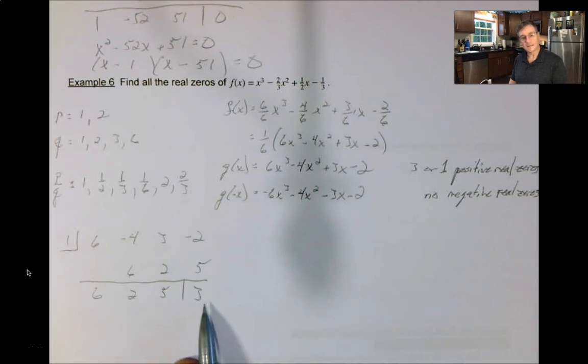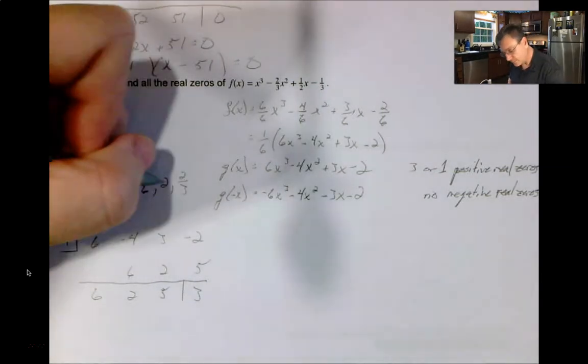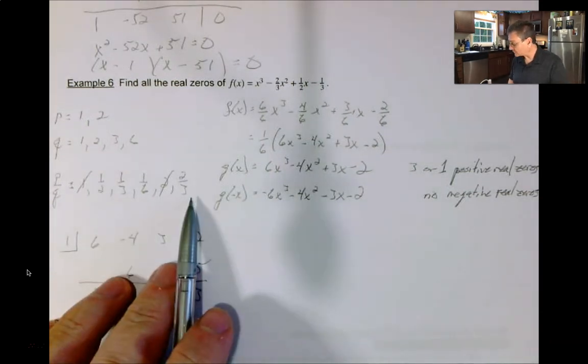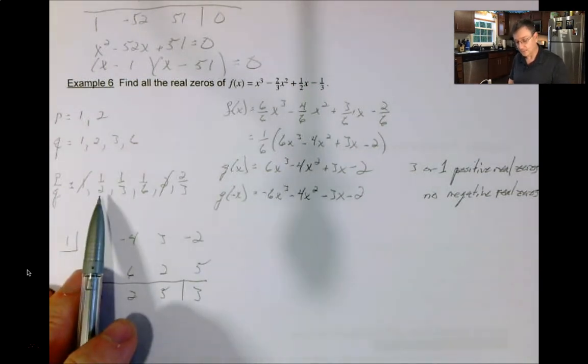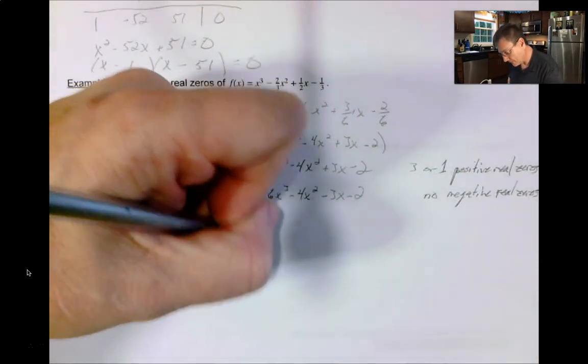I see all positives. That means it's an upper bound. 1's not a 0, but neither is 2. I did the synthetic division once, and I eliminated 2 possibilities. That means I'm down to these fractions, right? So instead of wasting your time checking the others, I'm going to go right to the one that does work.